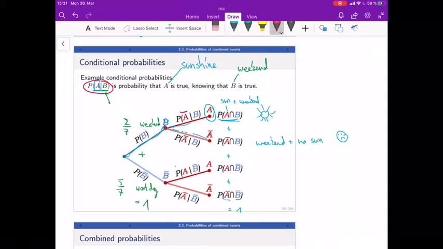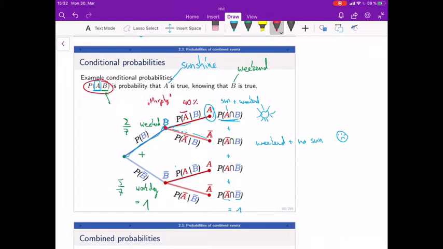And if you'd be a pessimist, you'd say sunshine normally is like 50-50, but on a weekend chances are definitely slimmer. So we've only got like 40% chance of sunshine on a weekend. Okay, because that's Murphy's law. So let's quote Murphy here.